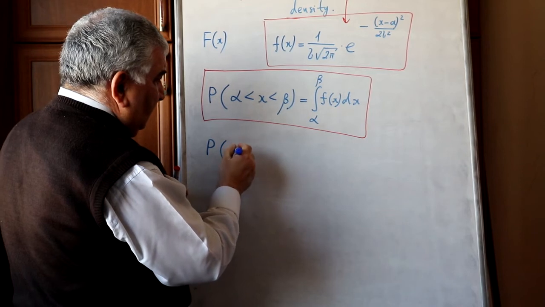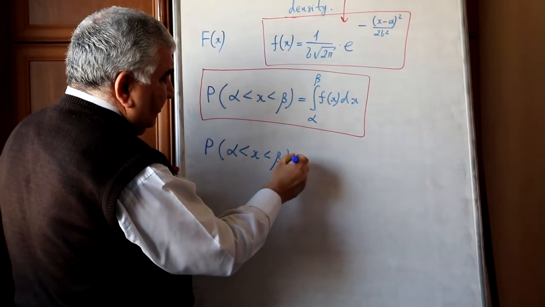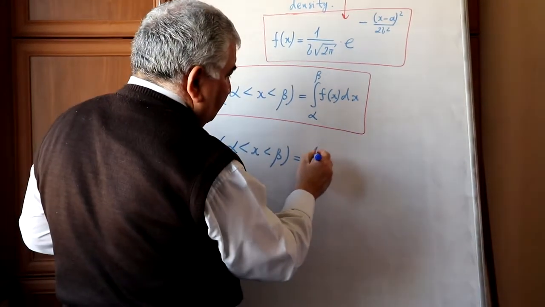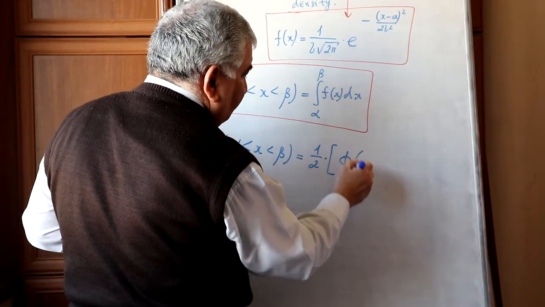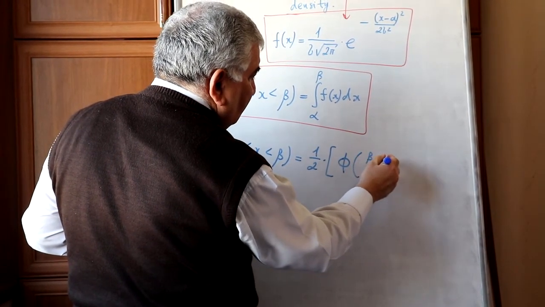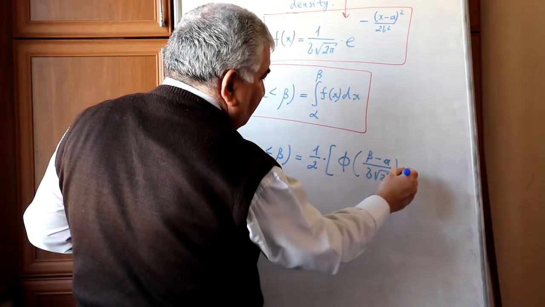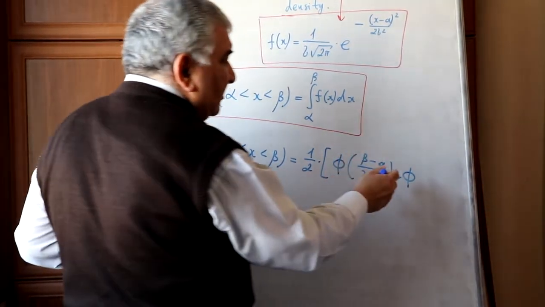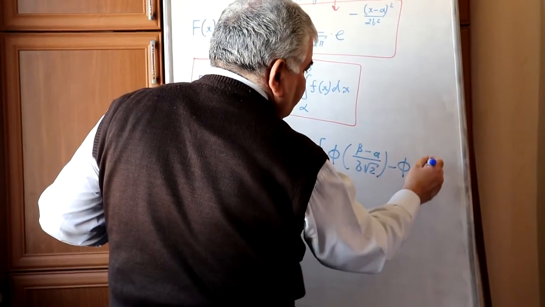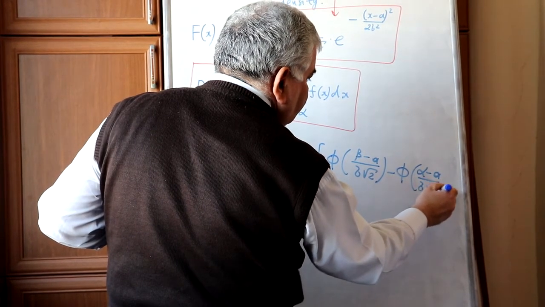P of alpha is less than x is less than beta is equal to 1 second multiplied by phi of beta minus a over sigma square root of 2 minus phi capital, it is capital Greek letter phi of alpha minus a over sigma square root of 2.